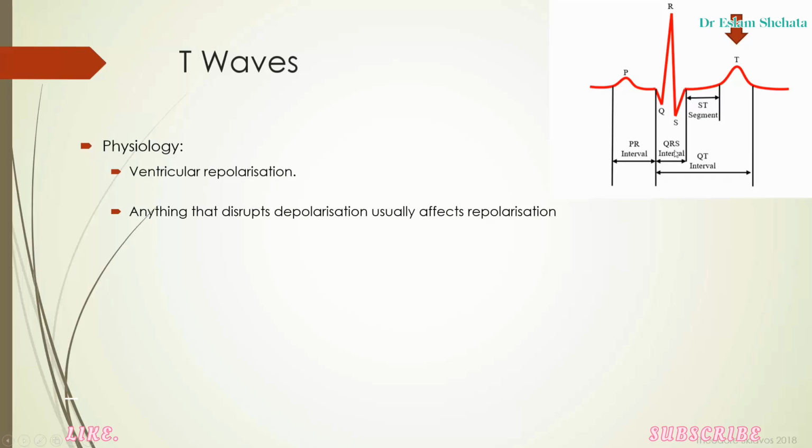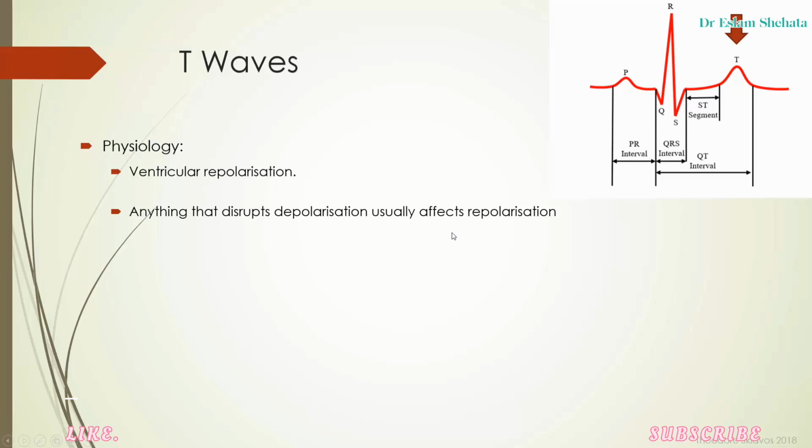So, if you have an unusual QRS, like a wide QRS, that means your depolarization was disrupted in some way. That means you're probably going to have the ventricles repolarizing in some abnormal fashion, and so there'll probably be a T-wave change, purely because the QRS complex was abnormal.